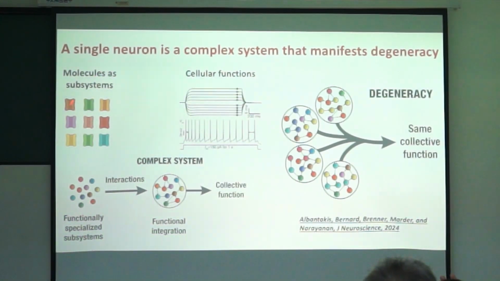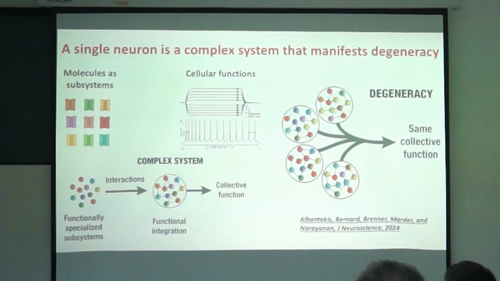So fundamentally, if we go back to the question of how exactly this is a relationship, it is definitely not one-to-one. There are a bunch of functionally specialized subsystems, and you have specific kinds of interactions that are essential. You can't have random interactions between these components and expect it to give you the collective function. There is not one single way. There are several different ways by which you can achieve this.